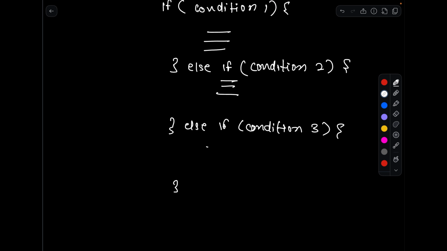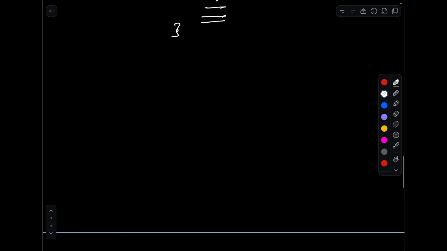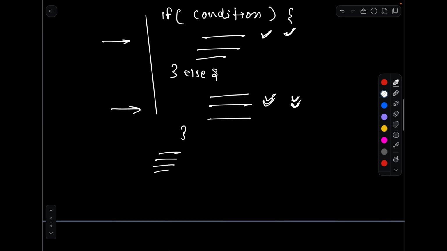So basically you can write as many else if as you want. Let's suppose you have multiple conditions, more than two, three conditions, four conditions, then you can create a chain of if else if. And the last one: if all the conditions fail, then it will execute the else block. So you can say this is the chain of if else. Okay, it is completed.